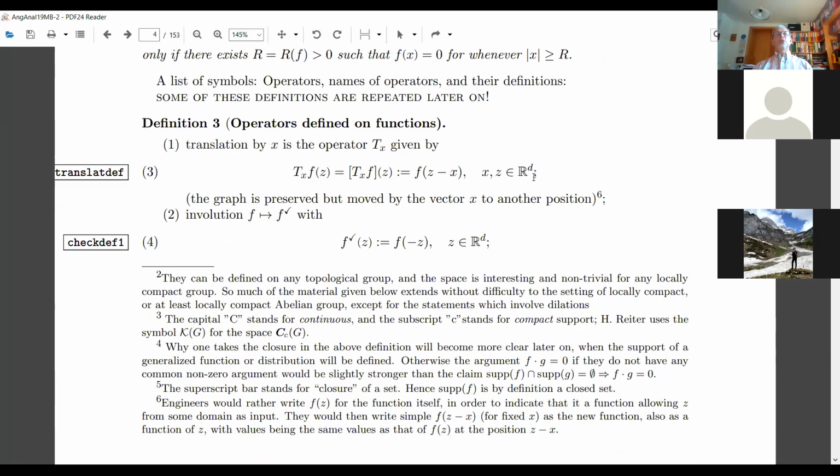Now, I will talk a lot about operators, and we will very soon make use of these functions. Actually, yesterday you have already seen how you apply a translation operator to a polynomial, and it simply means you take the graph and you shift it around.